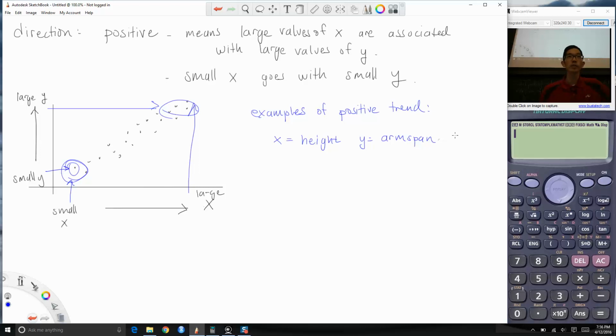So you look at how tall someone is, and then how far it is from fingertip to fingertip, their arm span. And in general, people who are tall will have large arm spans. People who are short will have shorter arm spans. Okay.